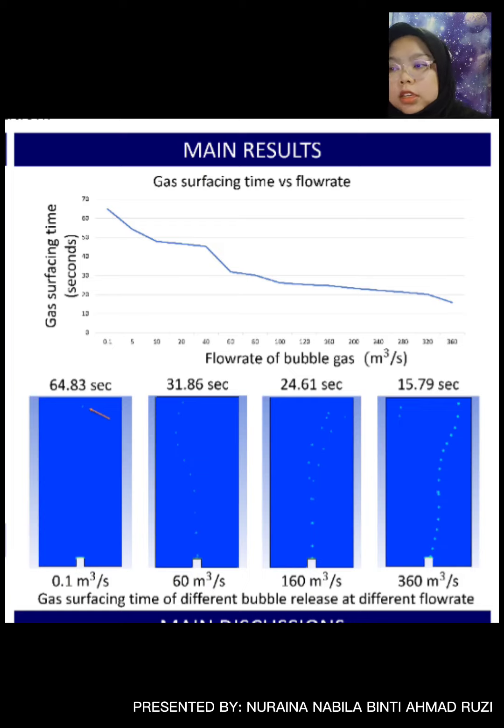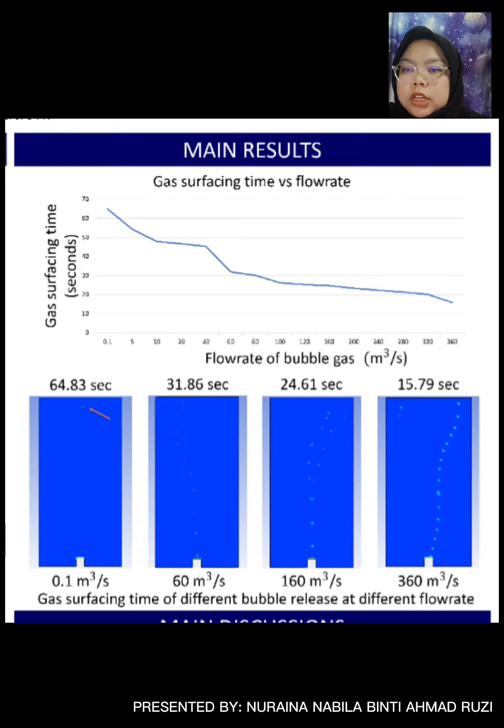As we can see from the graph, the release rate from 0.1 to 40 does not show any significant changes of time. Hence, it is still considered to be the safe stage for the drilling process. Apart from that, the release rate of bubble gas starting from 60 starts to show the most changes, as its bubble gas surfacing time is almost 30 seconds.